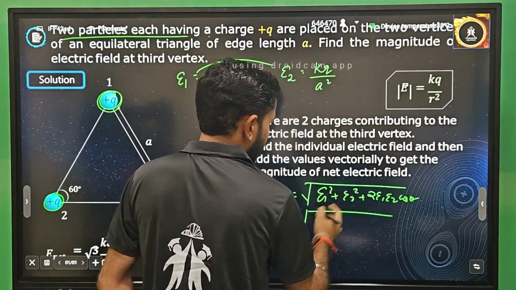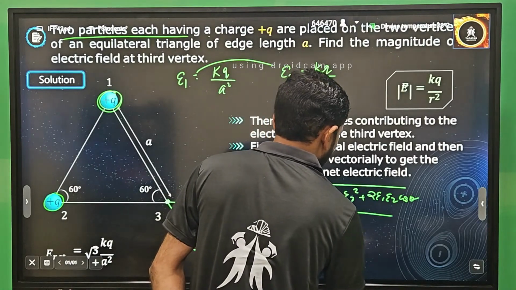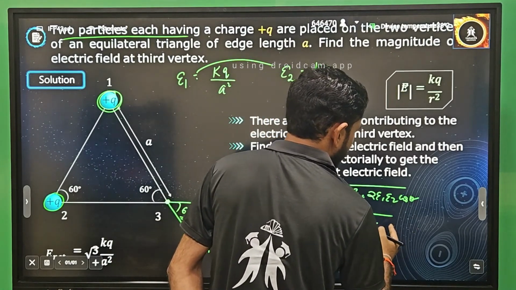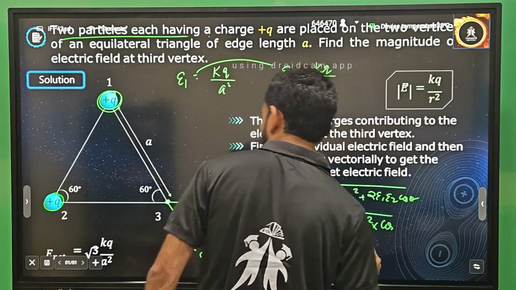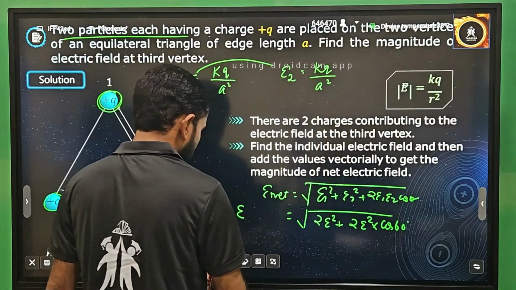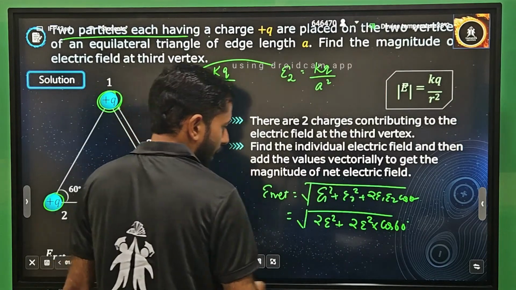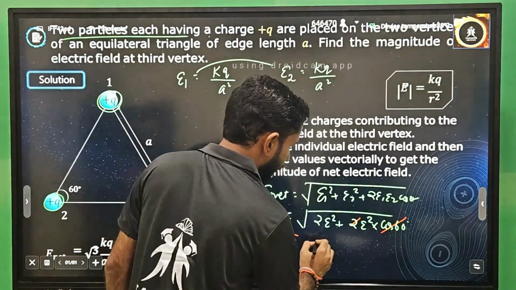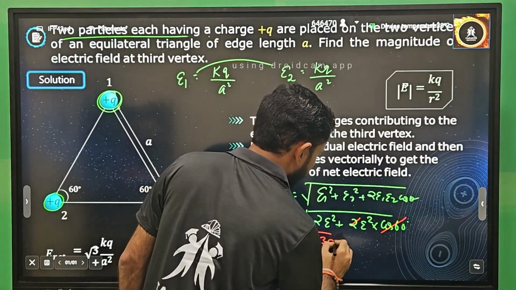E square, it will become 2E square plus 2 times E square into cos of theta. Cos of 60 is 1 by 2. So if cos of 60 is half, this half and this 2 will simply cancel. What is left here? Root under 3E square.